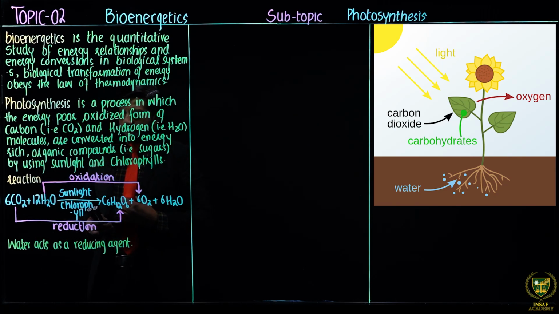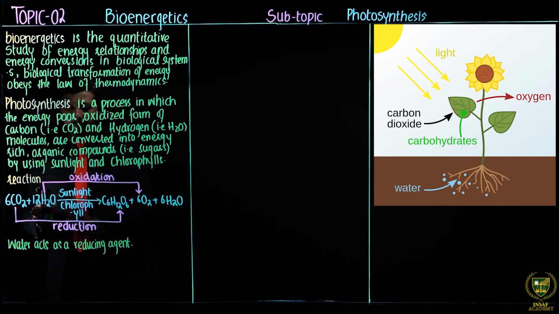Now, dear students, we'll talk about the individual roles of all these components of this equation, how each of them plays its own role: the role of carbon dioxide, role of water, role of light, role of chlorophyll. All these four are the reactants. So which are the reactants?